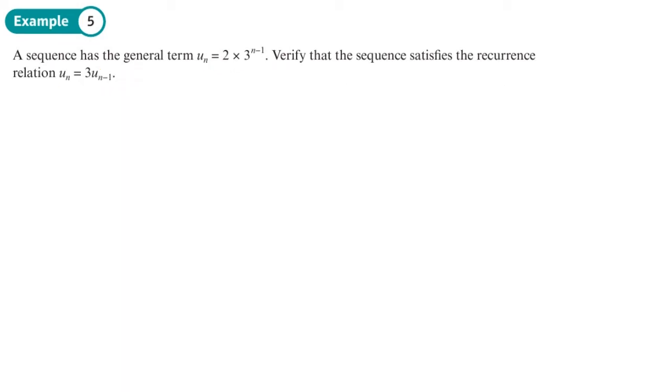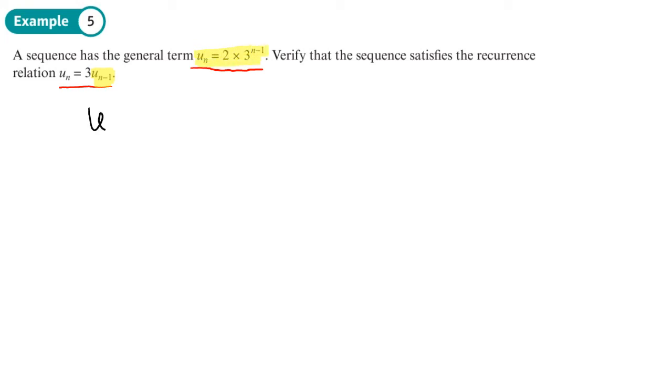Okay, so here we have this general term, u_n equals 2 times 3 to the power n minus 1. Verify that the sequence satisfies this recurrence relation. So we tackle it in the same way. If I have a look, here I've got u_{n-1}. So what I need here is this as u_{n-1}.